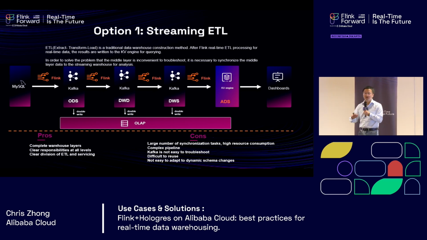We need to build the stream pipeline, and that requires extra resource and cost. And also, because we store the data in Kafka, generally speaking, it is not easy to do data exploration. So that's why we need the data replication in an OLAP engine to explore the data. And also, because the data is located in Kafka and OLAP, it's very difficult to keep the data consistent.